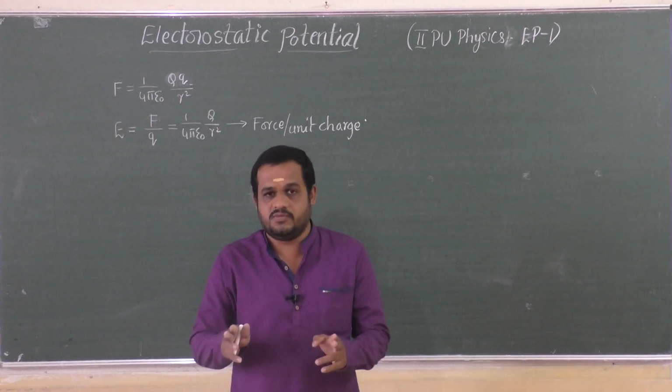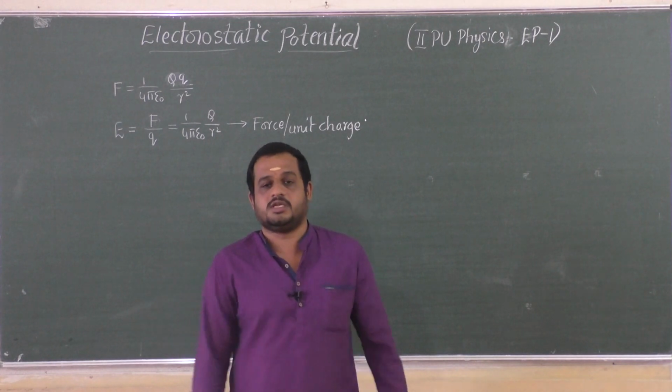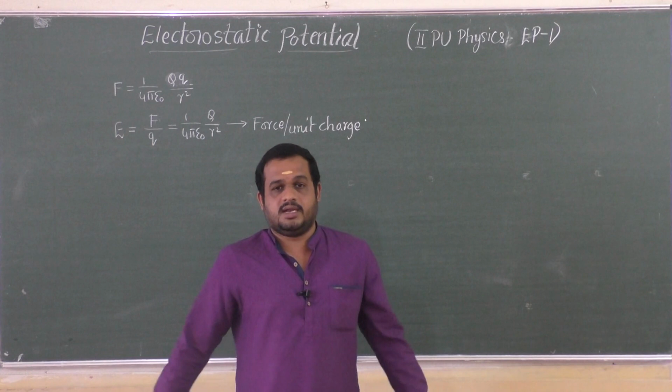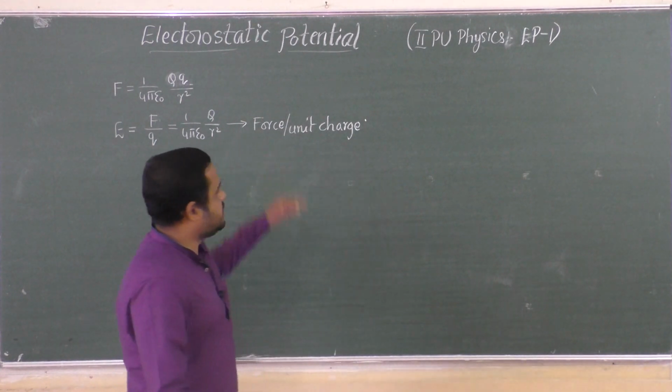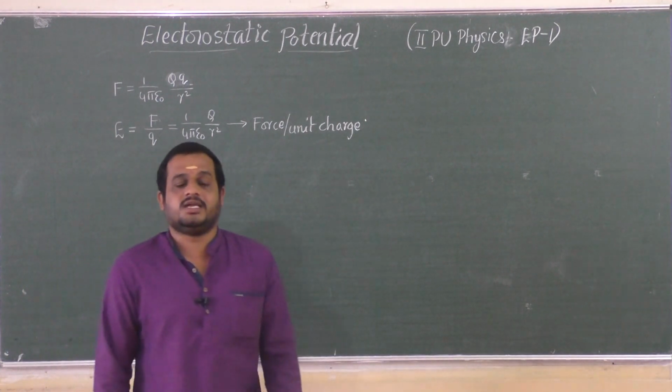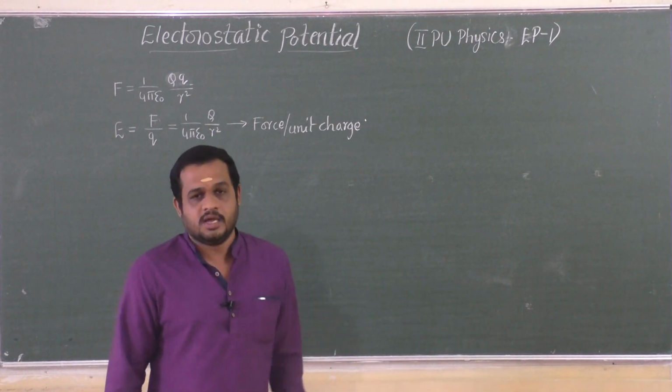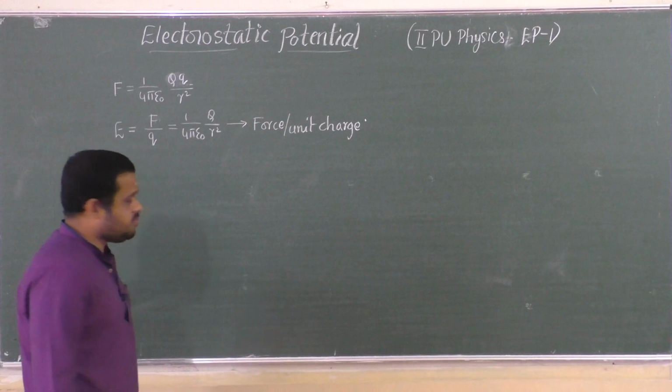In gravitational force field, it is gravitational potential energy; in case of a spring, elastic potential energy; and in case of electrostatic force field, potential energy is called electric potential energy or electrostatic potential energy.